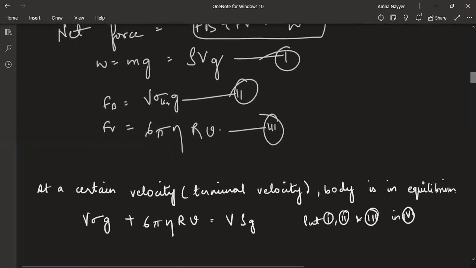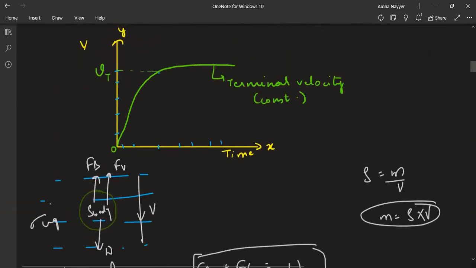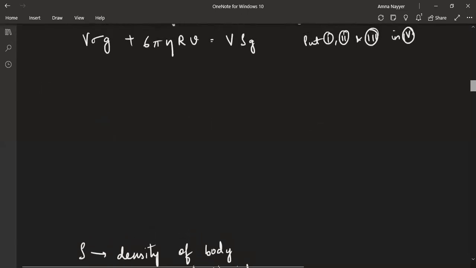So at a certain velocity, all these will be equal. So we can put in the values. If I put in all the values, I'll obtain this V sigma g. Now see, this is buoyant force. This is viscous force. This is the weight of the body.